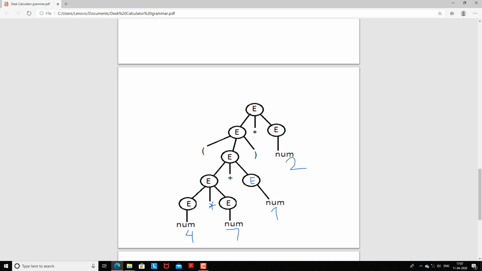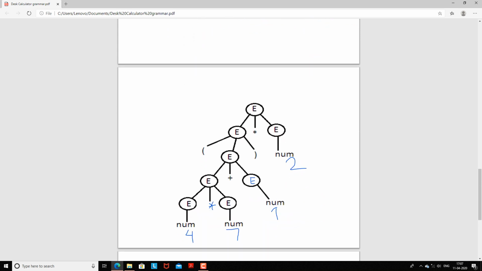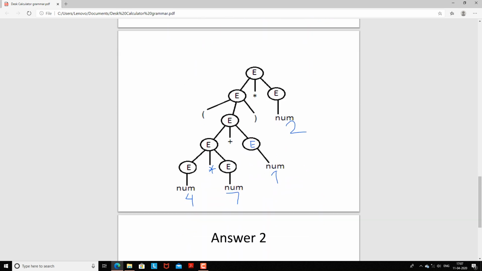So after designing the parse tree for 4 into 7 plus 1 into 2 on the basis of this grammar, we are going to design the SDT. You all know how to design an SDT. First of all, we will calculate the order of reductions which are going to be performed in this parse tree.